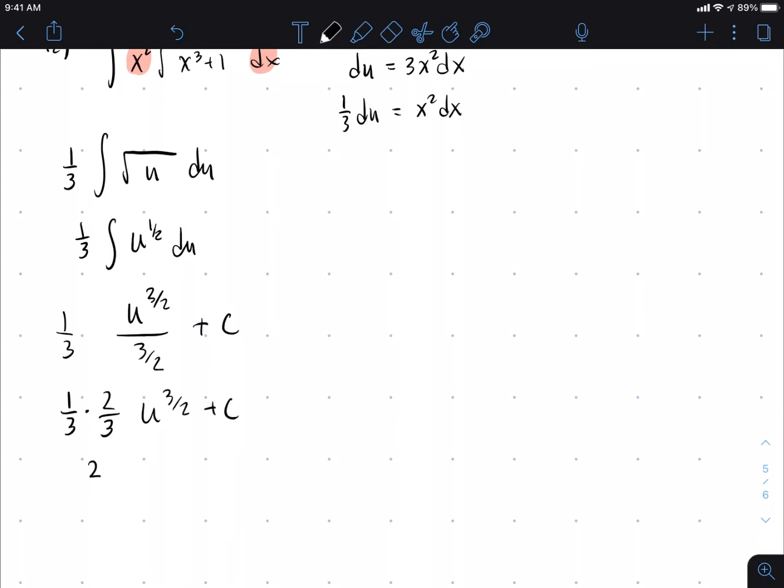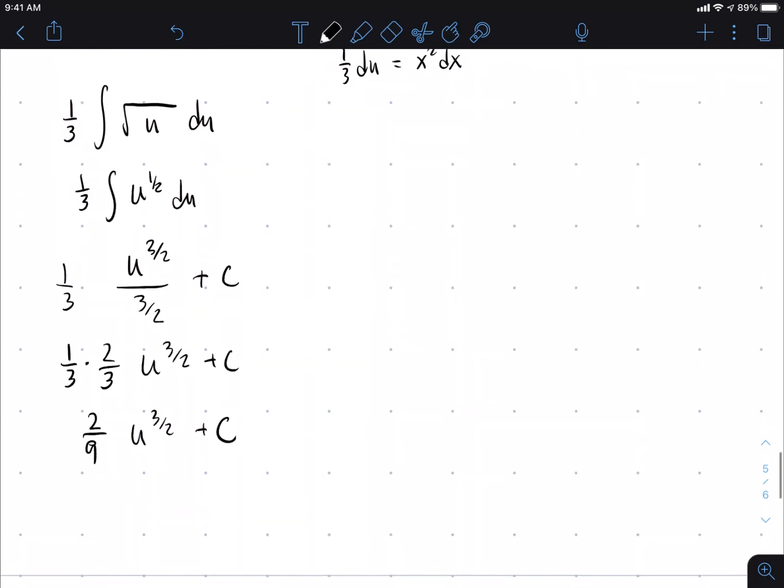Which is going to give me 2/9 u to the 3/2 plus c. But what's u equal to? x cubed plus 1. So my answer is going to be 2/9 times x cubed plus 1 to the 3/2 plus c.